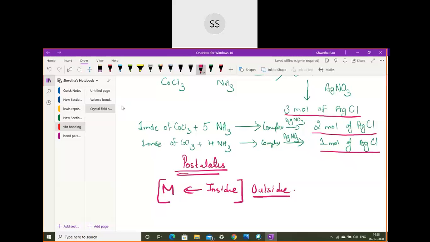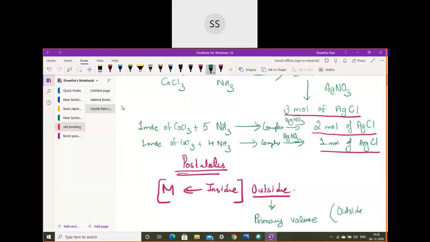This was his basic idea, trying to figure out how the complex might be. This was the initial beginning theory, but I'm doing it now because you are a little familiar with complexes. He found there are ions outside and certain ions or molecules directly linked to the metal.